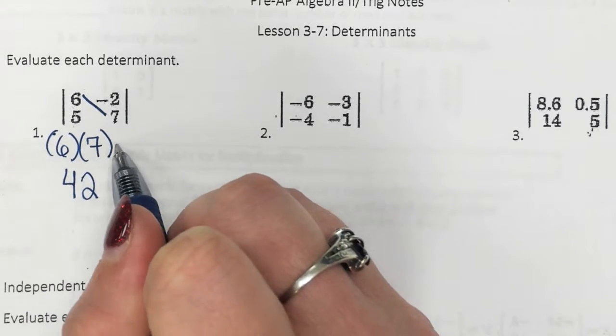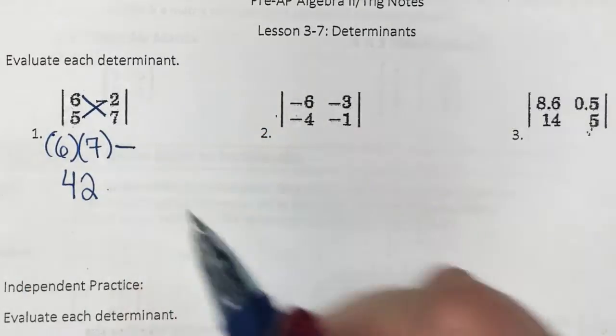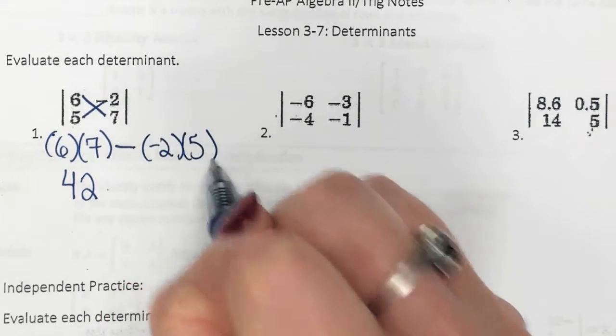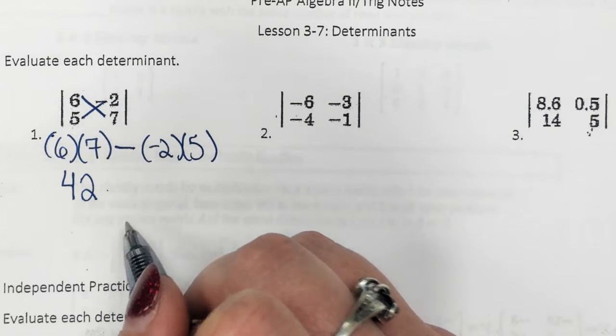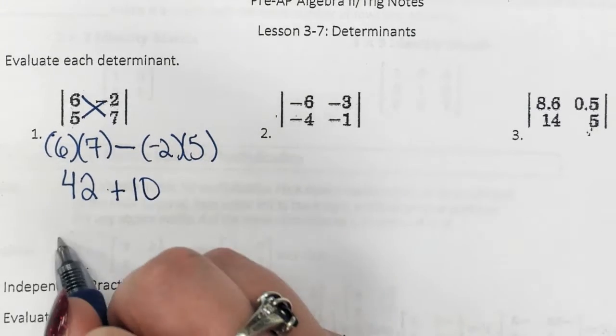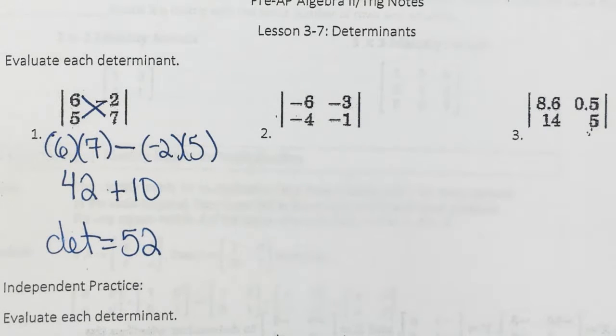Then you are going to subtract multiplying the other two, comparing the columns and the rows, and it'd be -2 times 5, -10. But those two negatives would now make a positive, and so your determinant would be 52. Very good.